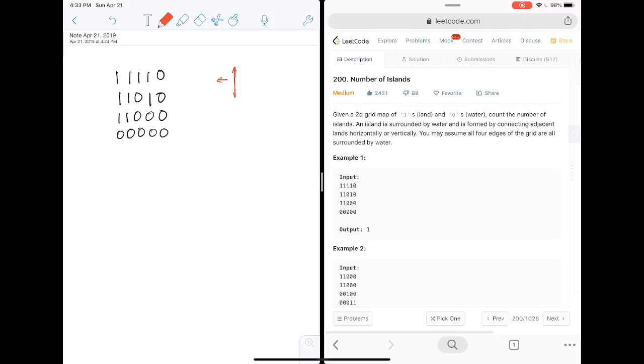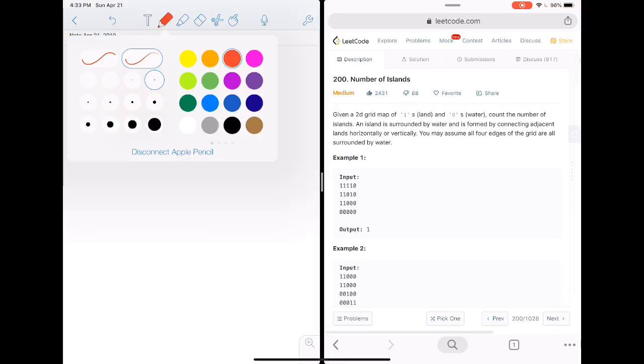So this is vertical, and they can also be horizontal. So the reason this is 1 island is because these two are connected, these two, these two, and also these. So together they form one island, which kind of makes sense. So the output, obviously, for this one is 1.